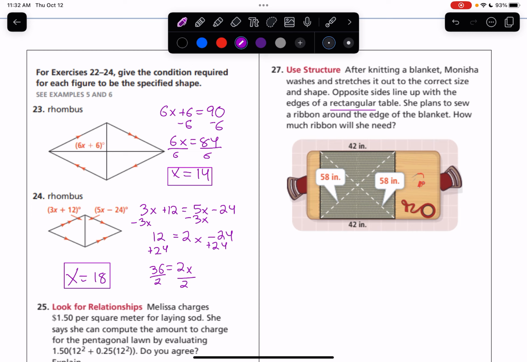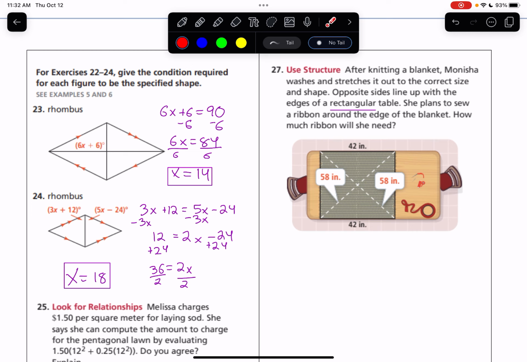So this question can be answered two different ways, depending on whether you use 58 inches as half the diagonal or 58 inches as the entire diagonal. Really, 58 inches should be the entire diagonal here, but I understand if you are thinking about it in different terms. So we can do this kind of two different ways.